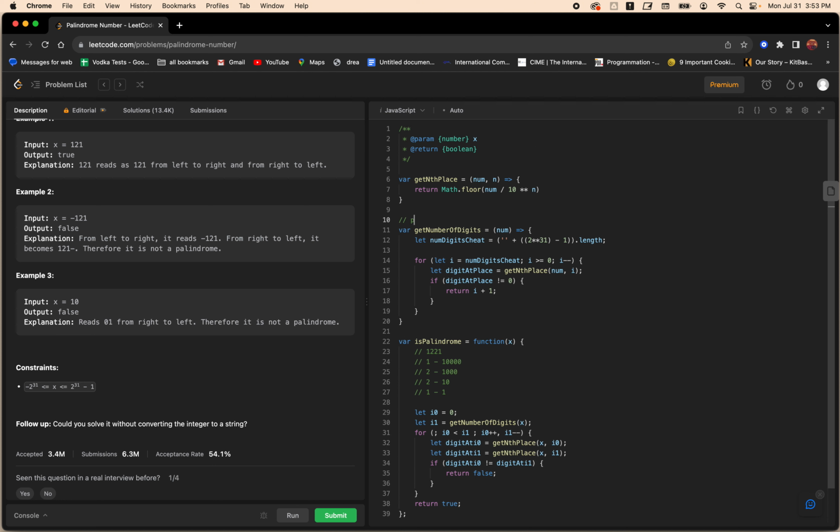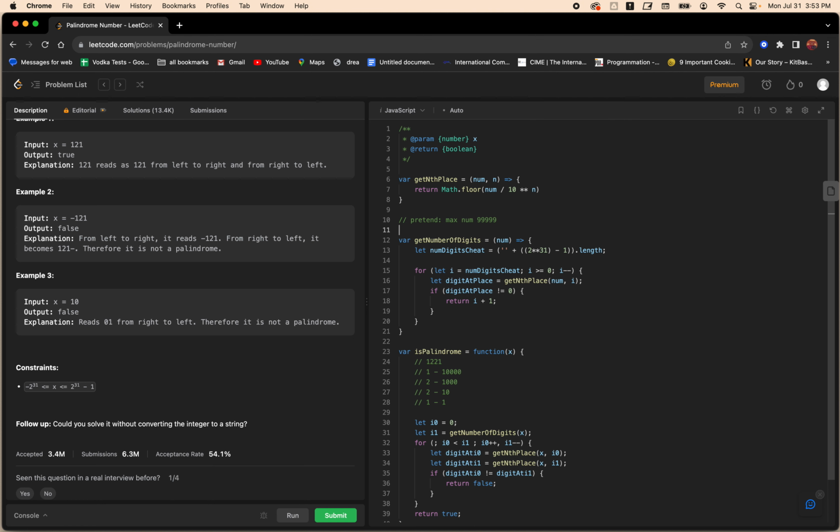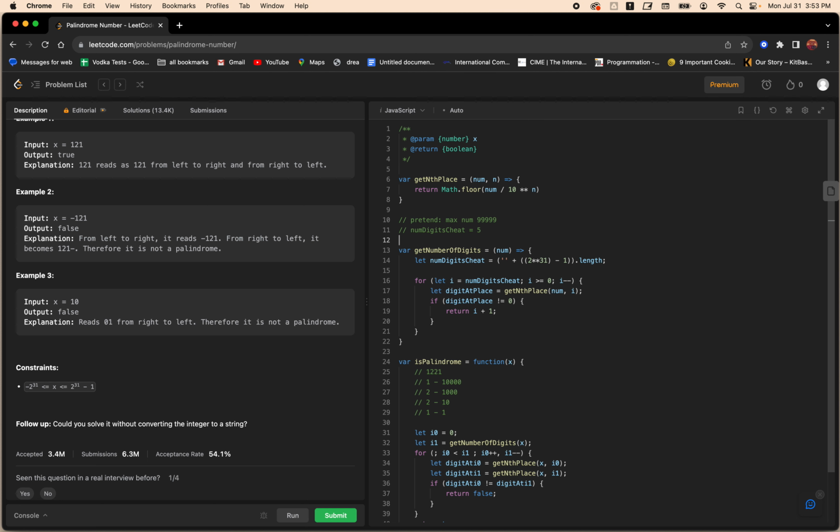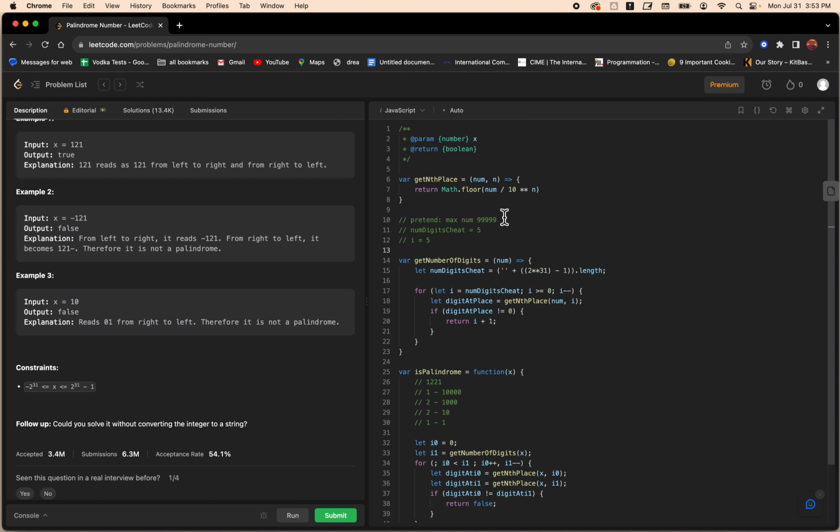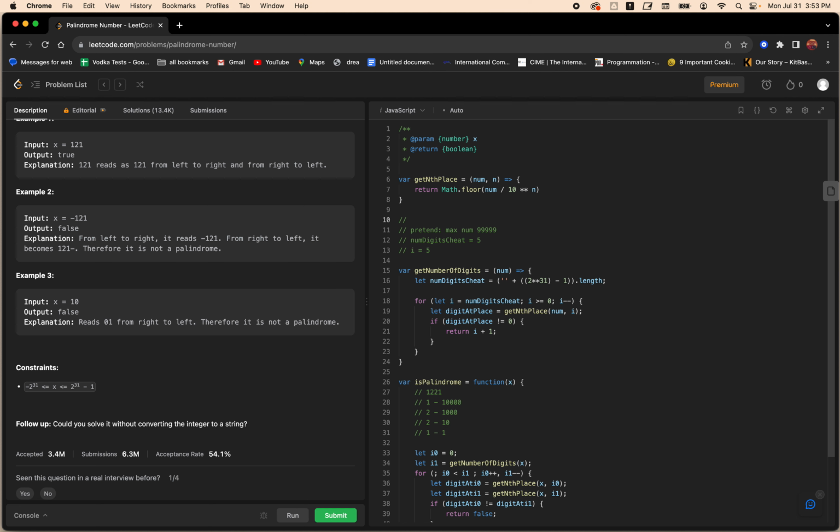Okay, so let's pretend that the max num is 99999. That means that num digits cheat equals 5. And our loop goes like this. I starts out being equal to 5. Let's say the number we're going to be evaluating is 365.